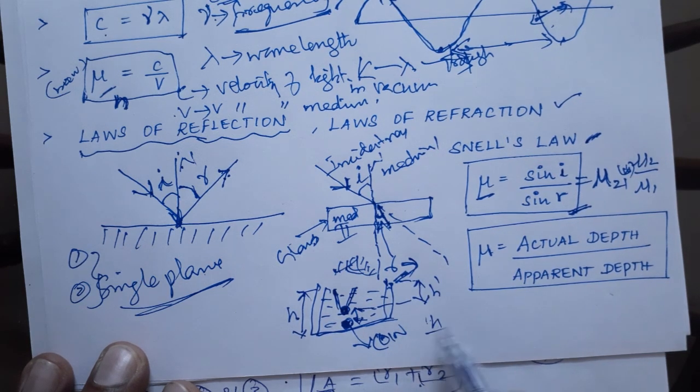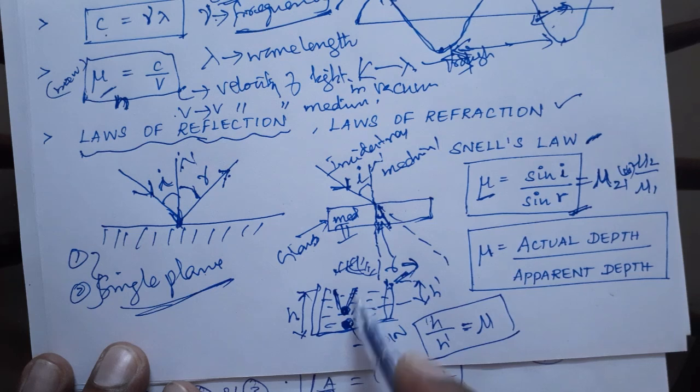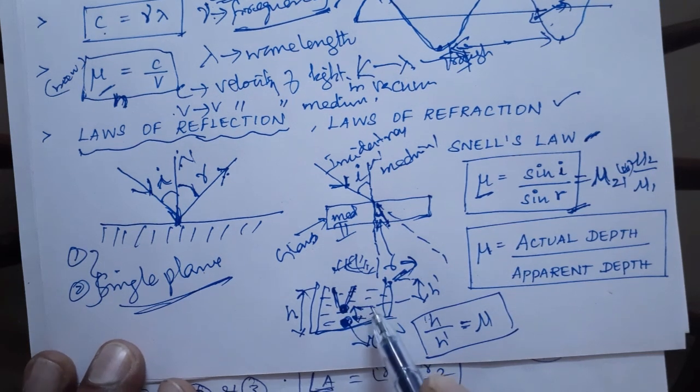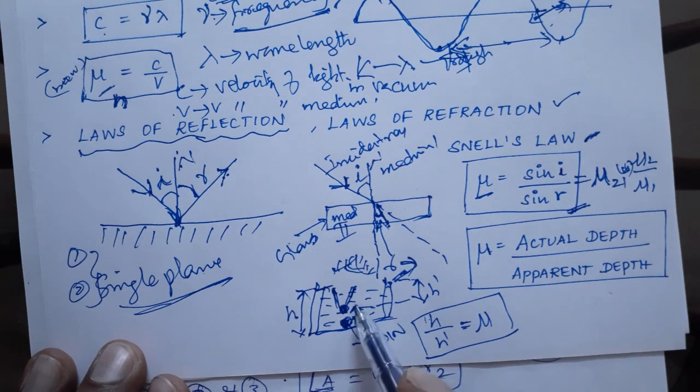Now h by h dash gives you the refractive index of the medium. Here it is water. So the refractive index of water can be measured in terms of the depth. Actual depth is h, which is at the bottom. You are measuring from the bottom, and the apparent depth is when you view from outside, the coin appears to be a little up.